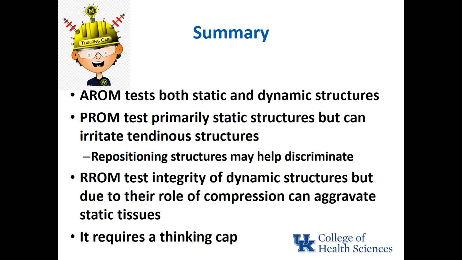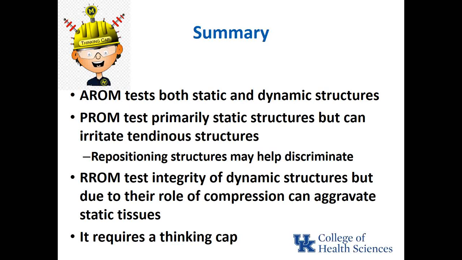So in the shoulder, you have to keep in your mind active range of motion is where you start. Passive range of motion is going to help you identify if there's a capsular adhesion or if some of the static stabilizers are damaged.